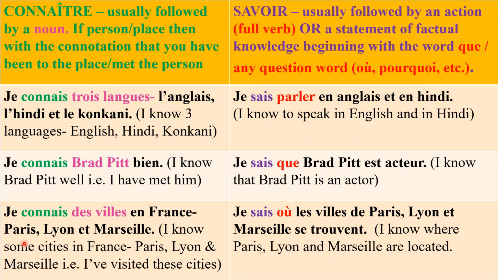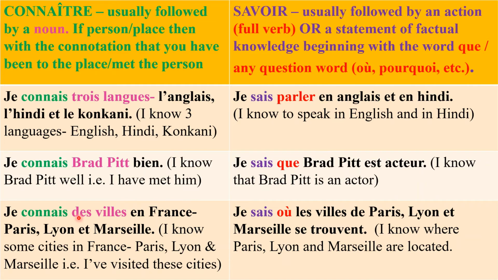Let's look at the third sentence now, which talks about places with connaître. Je connais des villes en France: Paris, Lyon, Marseille. I know some cities in France: Paris, Lyon, and Marseille. When you say this with connaître, it does not mean that you know that they exist in France, or that they are located in France.